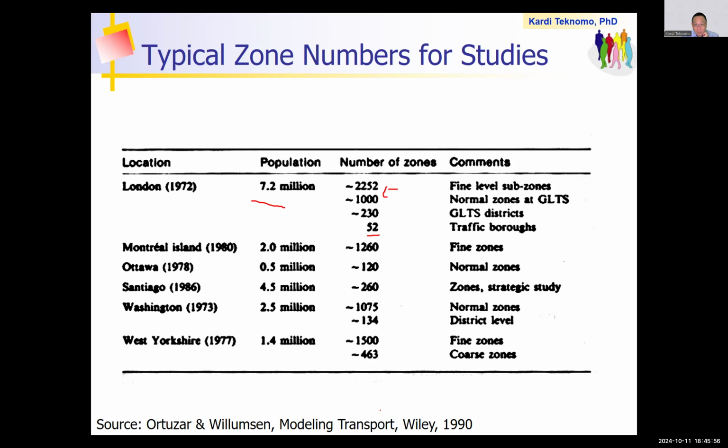Of course, the more disaggregate, meaning the more zones, the better it is. But each zone will have its own data: population data, economic data, land use data.